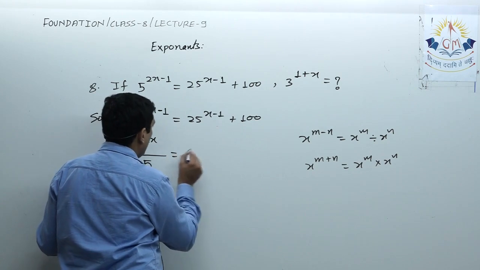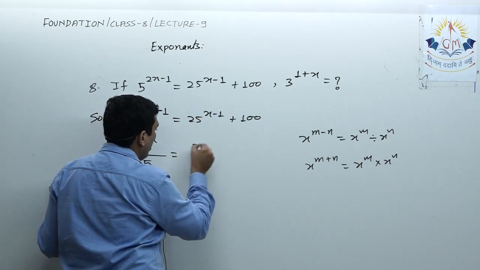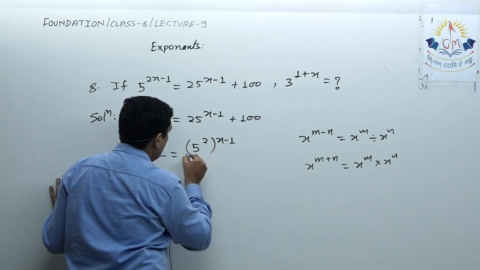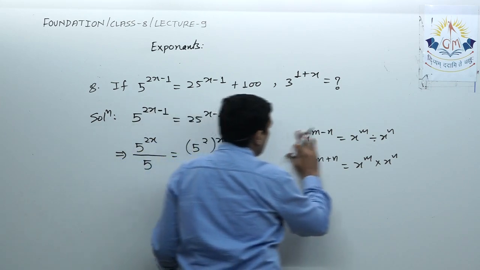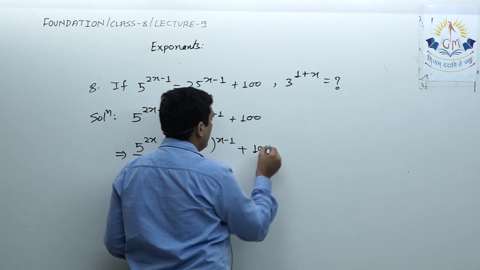Okay, now over here this 25 can be written as 5 square raised to x minus 1 plus 100. Now 100 can be written as, okay, let it be 100 for a while.